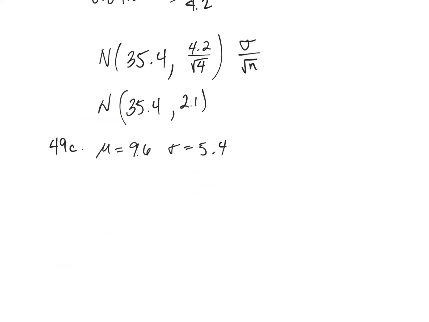A says, explain why you can't determine the probability that any given party will tip him at least $20. Why can't we do that? Why can't we use the z-score to find the probability that any given party will tip him at least $20?